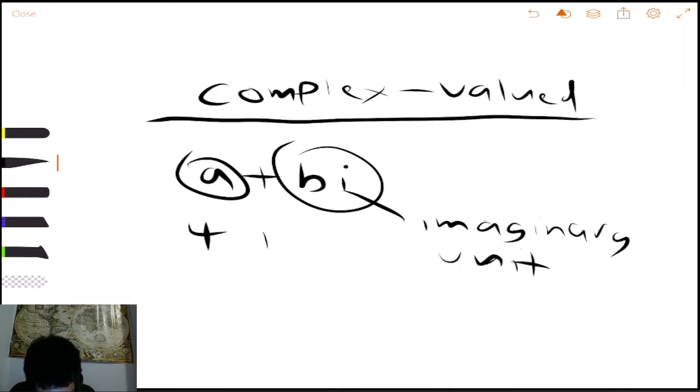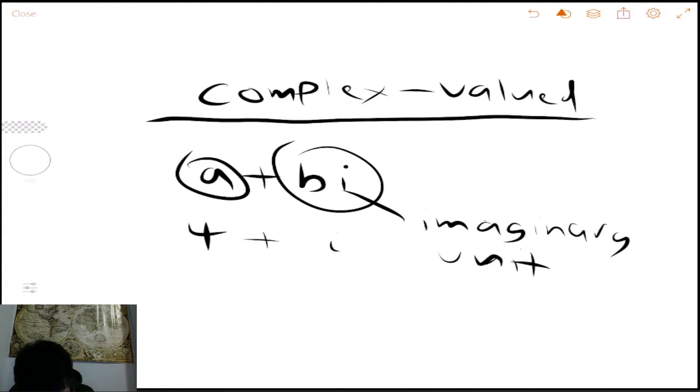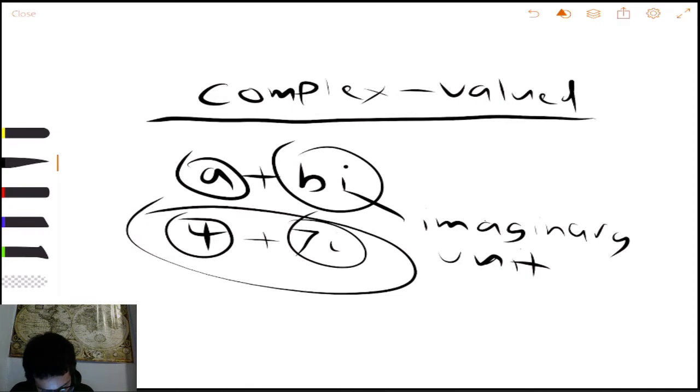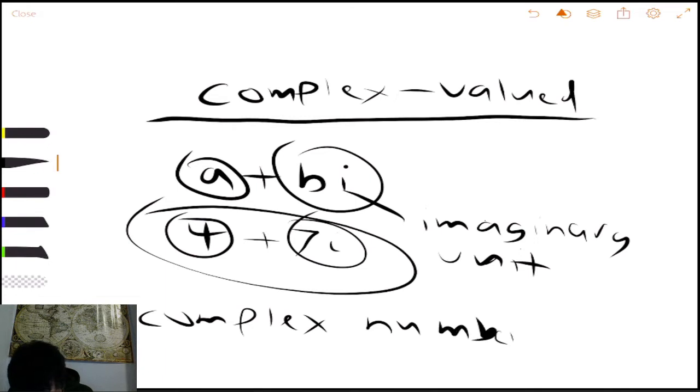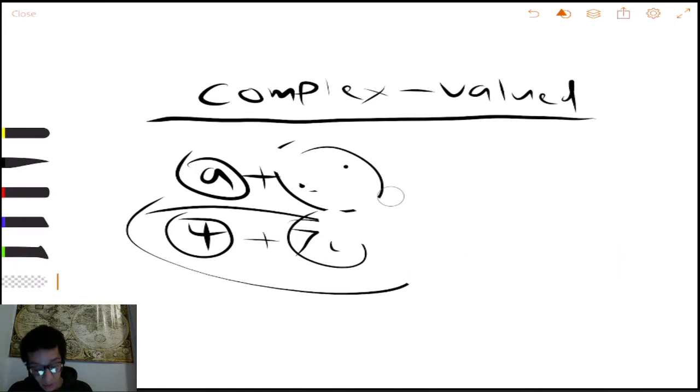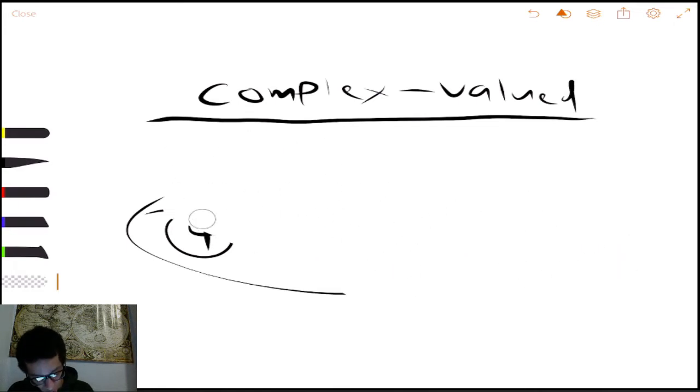So you could have 4 plus 7i. Real number, imaginary number, the whole thing is a complex number. That is what the term complex valued means, the shorthand version.